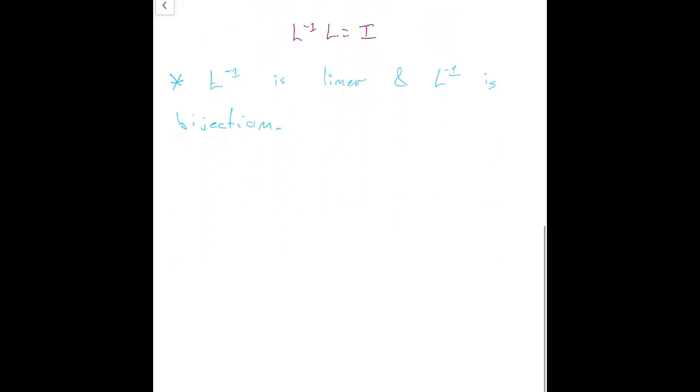Okay, so in terms of matrices, how can we find L inverse? If M sub L is the matrix for L, then what is M sub L inverse? In other words, given just the matrix for L, can we figure out what the matrix for L inverse is?